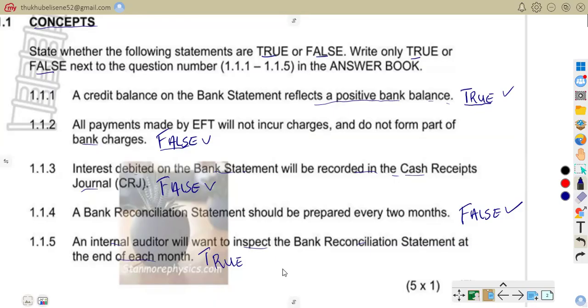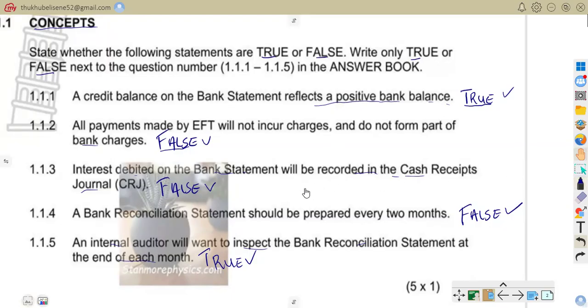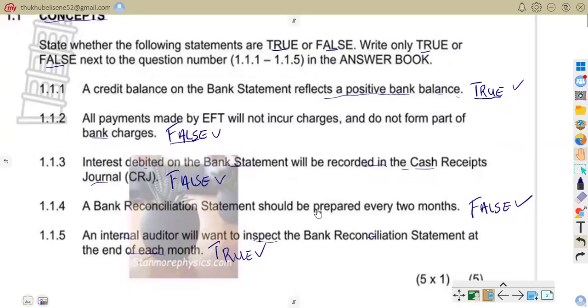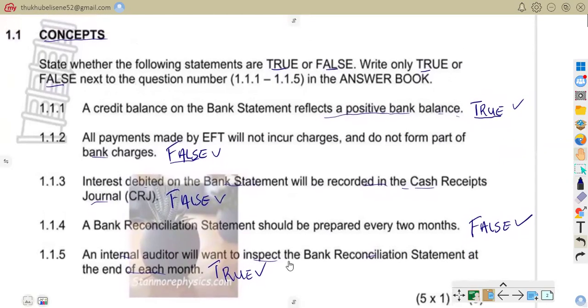The internal auditor checks regularly to ensure no fraud or mistakes. For example, if someone steals money using EFT, the auditor can detect it during the monthly check. So these are our answers for question 1.1, our true or false.